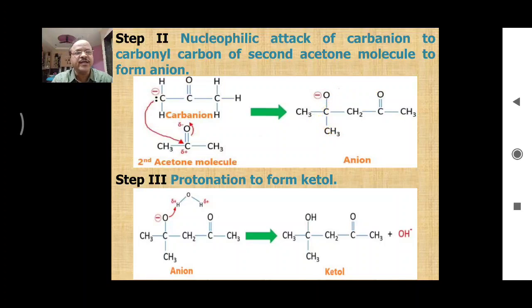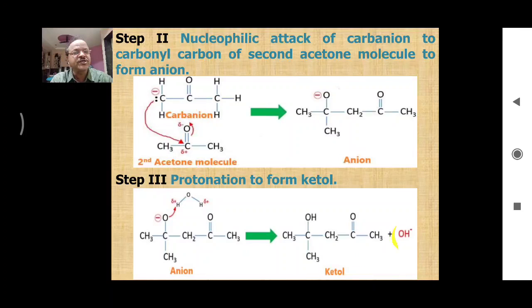Now in step number 3, protonation of this anion to form ketol or beta hydroxy ketone. So this is the anion which is represented here. Now whatever H2O is eliminated in step number 1 by the removal of a hydrogen, H plus, from that water molecule will form the bond with this O minus, that is, here O-H bond formation, and we get this beta hydroxy ketone which is called ketol.